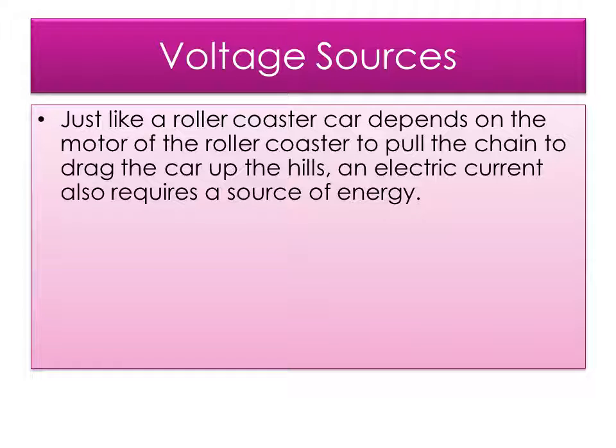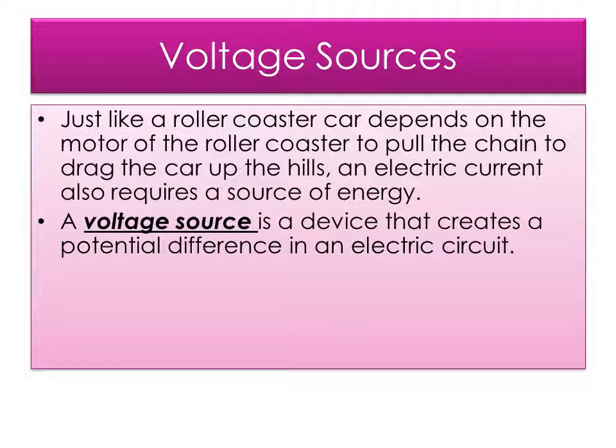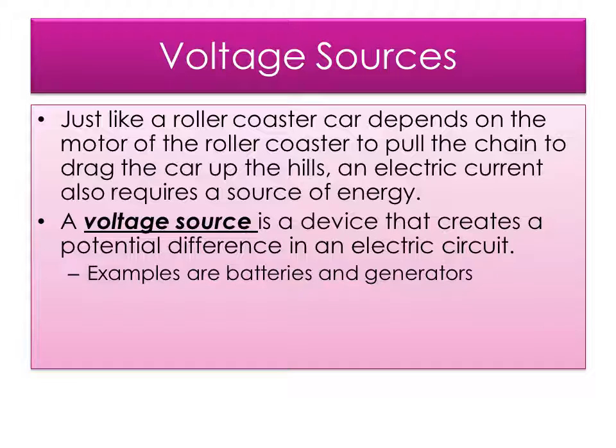So we need a source of energy in an electric current so we can get a great difference in our electric current. A voltage source is a device that creates a potential difference in an electric current. Examples are batteries and generators.